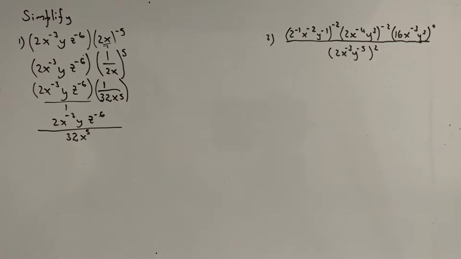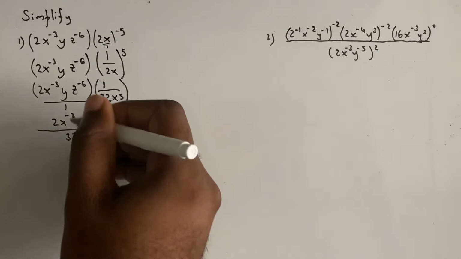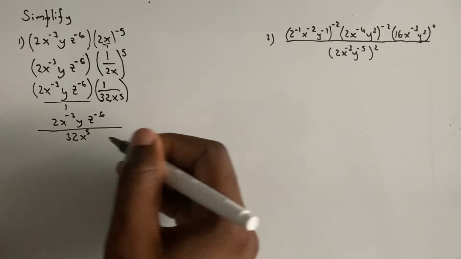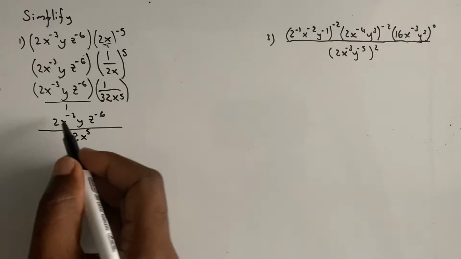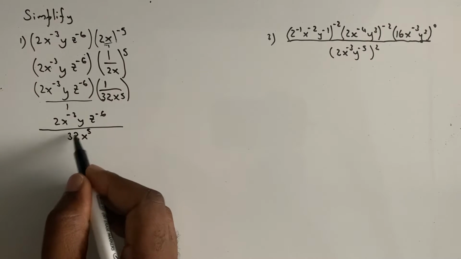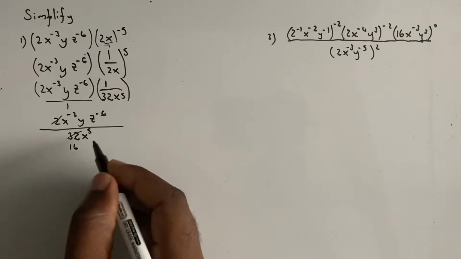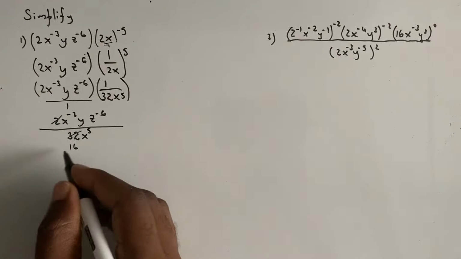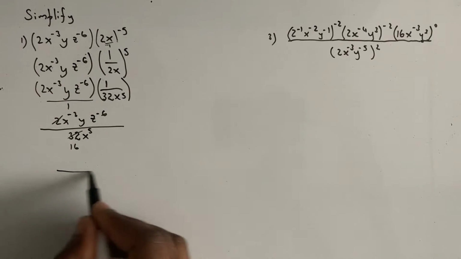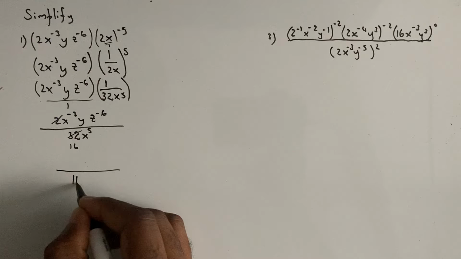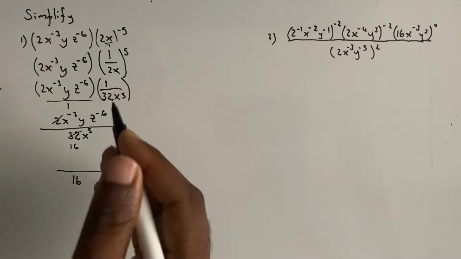Now we're dividing here, so remember what to do with the exponent. 2 goes into 32 16 times. Therefore, we're going to have 16 on the bottom, and the 2 on top is gone.